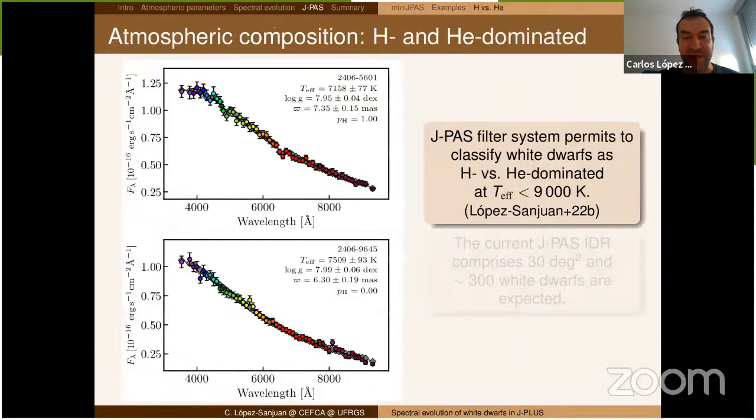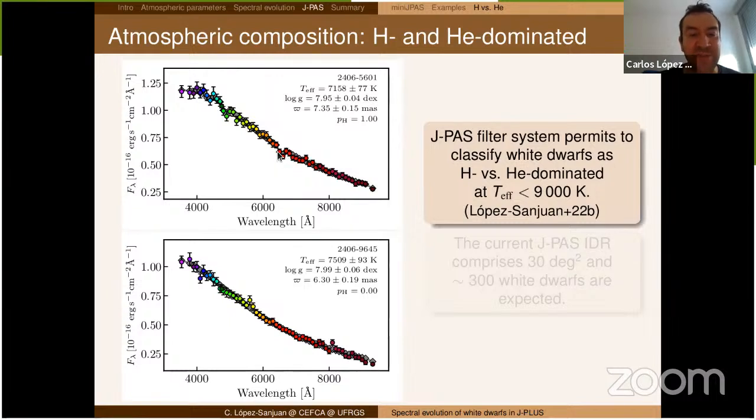So indeed, when we make some analysis about what the limits are, in J-PLUS we started to have problems at 9,000 Kelvin, but here you can see an example of two white dwarfs of 7,000 Kelvin, and there is no doubt that the upper one is a hydrogen-dominated, a DA.